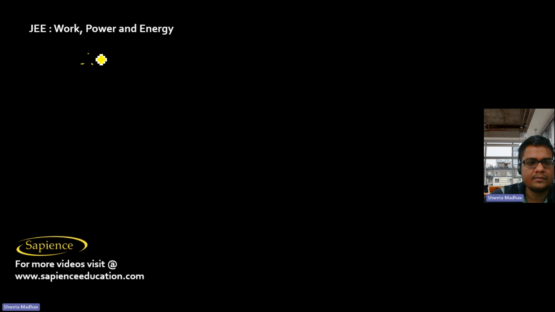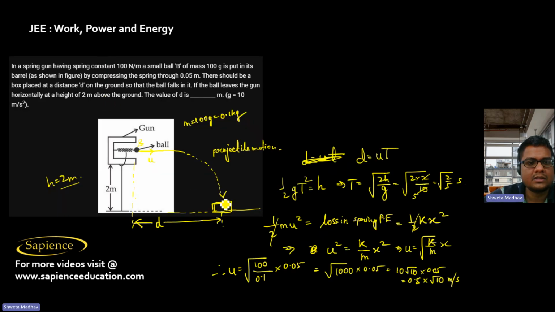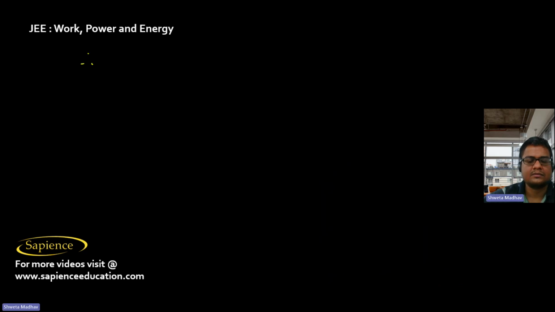Therefore the distance d at which the box should be placed on the ground will be equal to u into t.